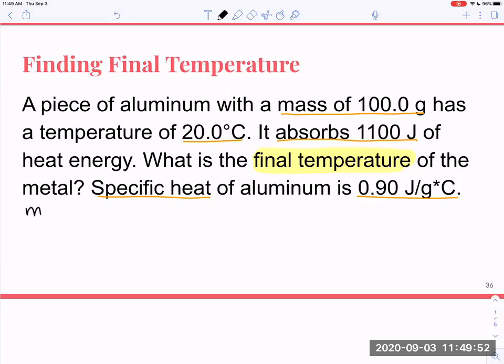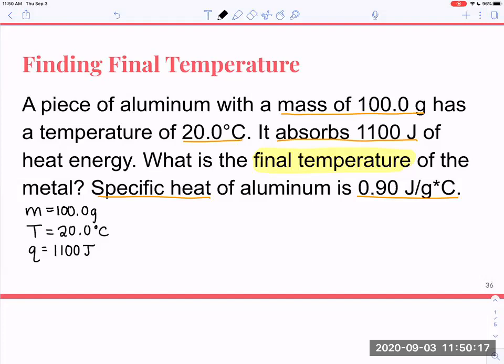So they're giving us a mass, which is M, of 100 grams. And they give us a temperature. Now, this is not the change in temperature. This is just a temperature. It is at a temperature of 20 degrees C. It absorbs 1100 joules. That's going to be a positive number because it is absorbing.